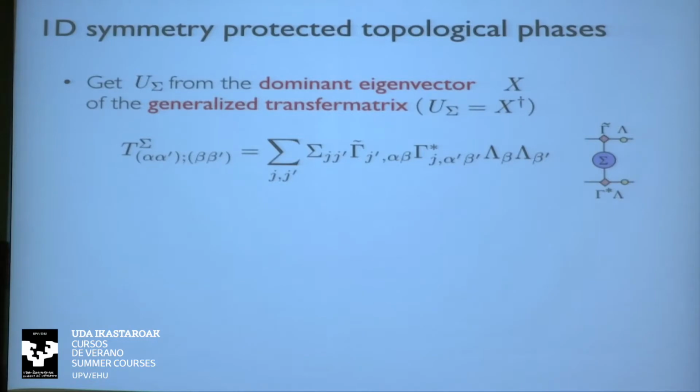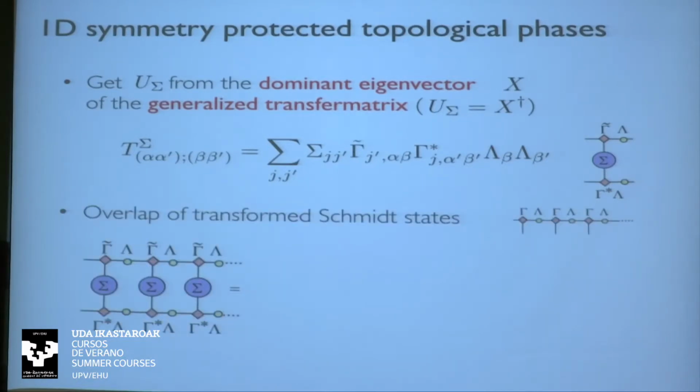And this actually gives us directly the representation of sigma, or of any symmetry operation. And the way that we can see this from the previous is the following. From what I said before, what we want to obtain is the representation of the symmetry operation in terms of our Schmidt states.